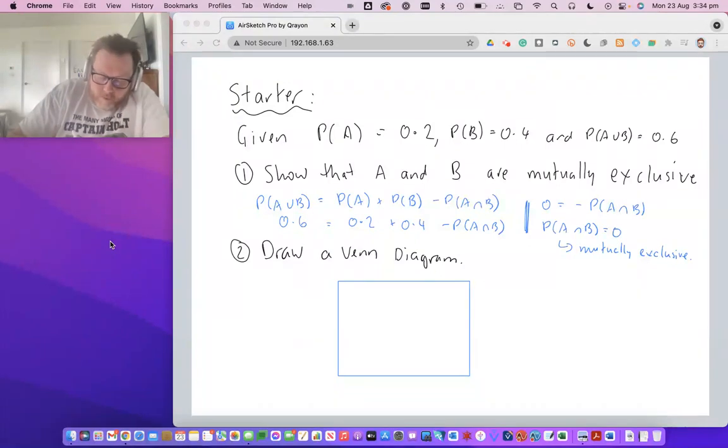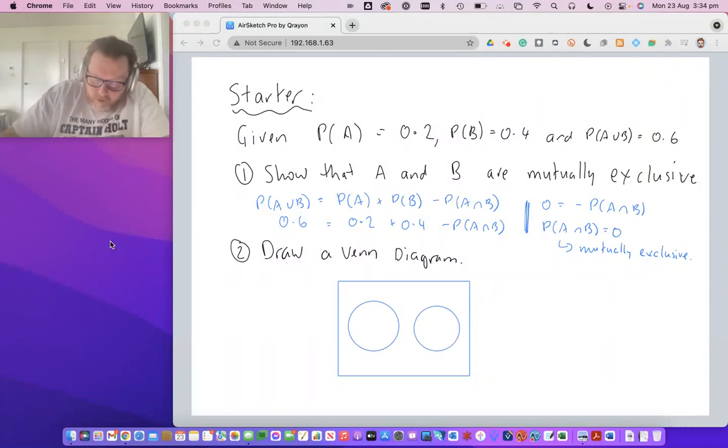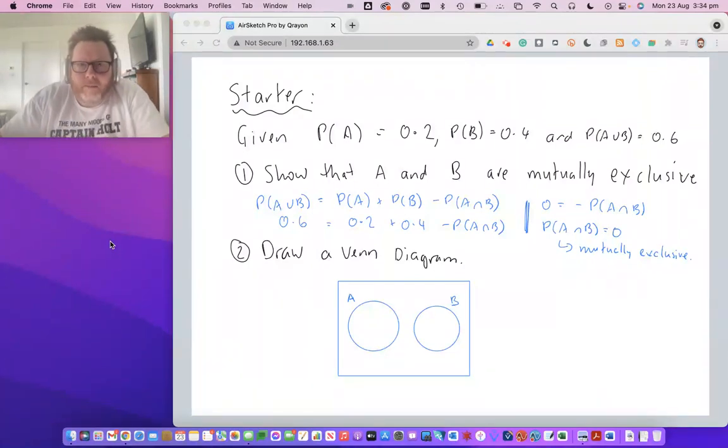I don't know if you recall, but when we draw our Venn diagram, we don't have an intersection, and so the circles have to be drawn separately, like this. I would fill in A and B, like so, and then fill in my probabilities.